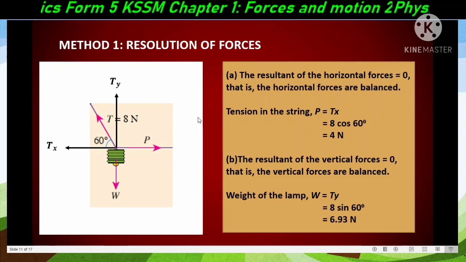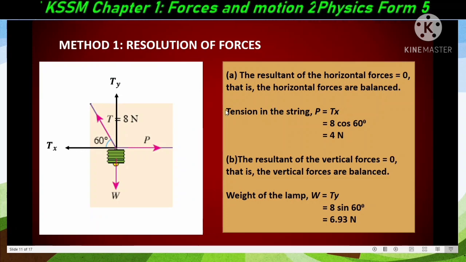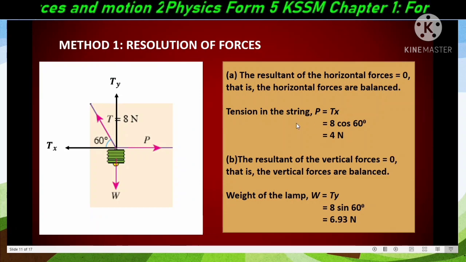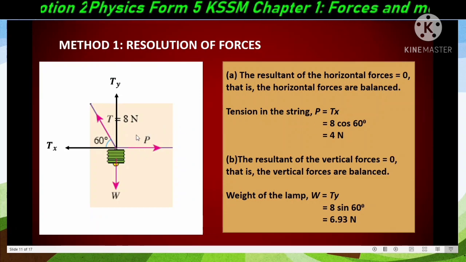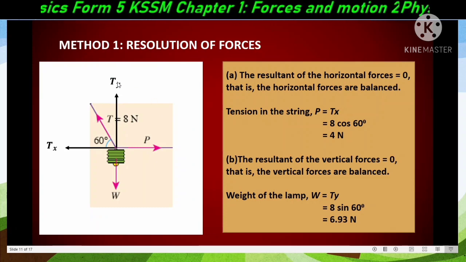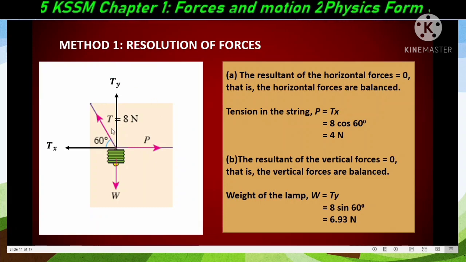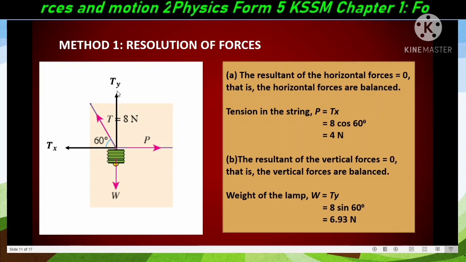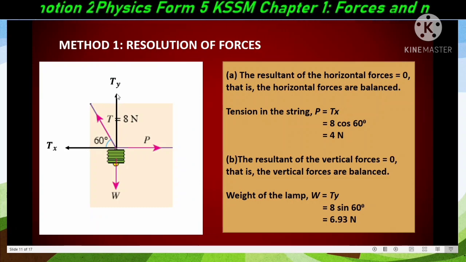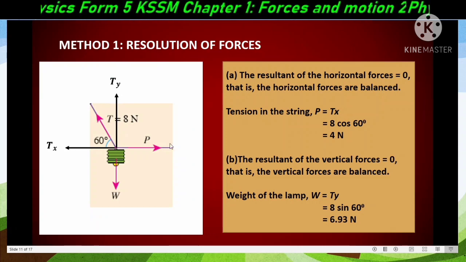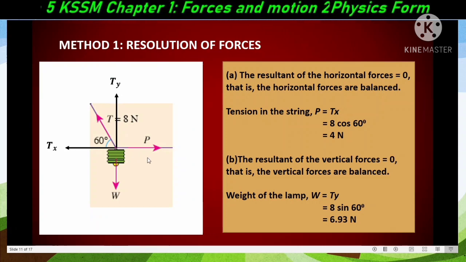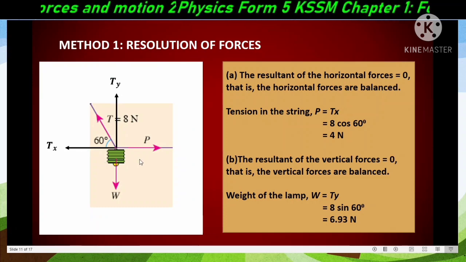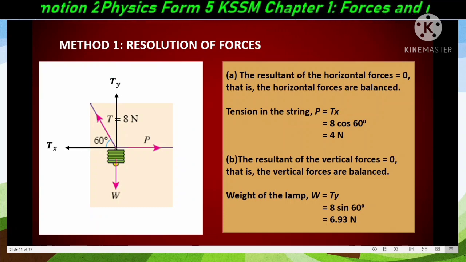Okay, so now we try to answer the first one. We want to determine the tension in the string P. Once you have resolved, meaning the tension T is now represented by Tx and Ty, when you look at the forces that act on the lamp, because the forces are in equilibrium, the forces are balanced.